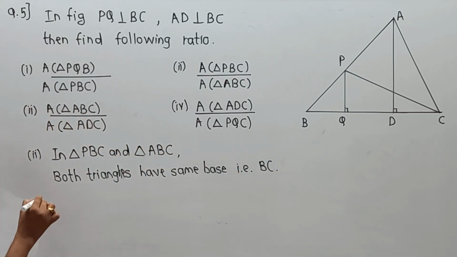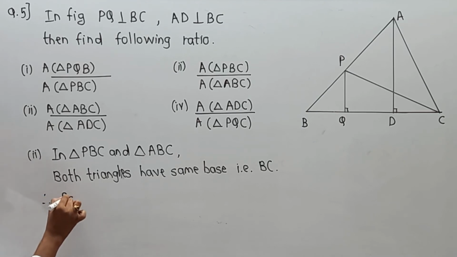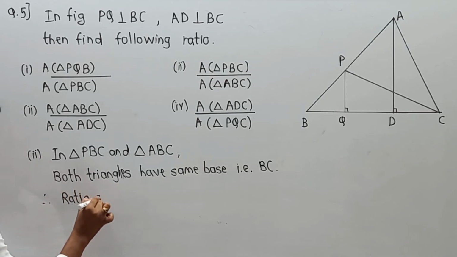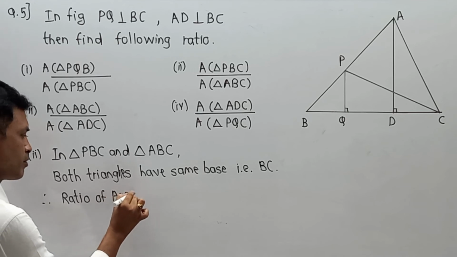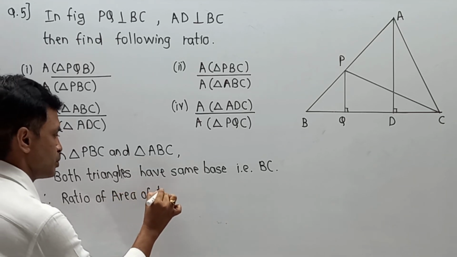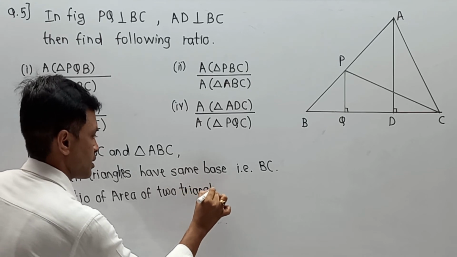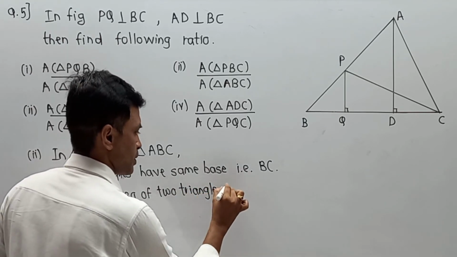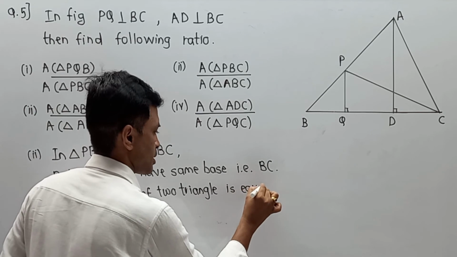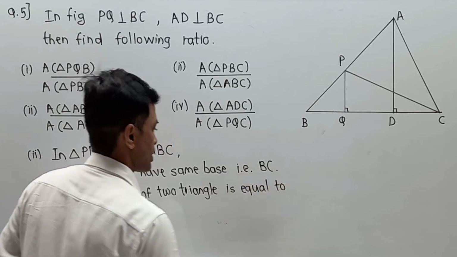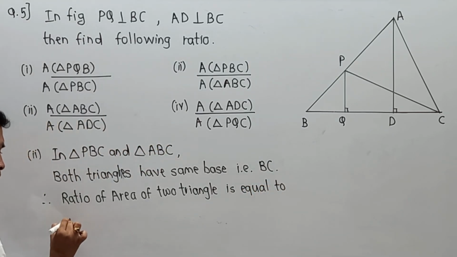Therefore, ratio of area of two triangles is equal to ratio of their heights.